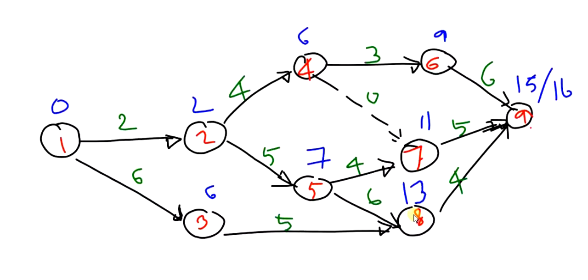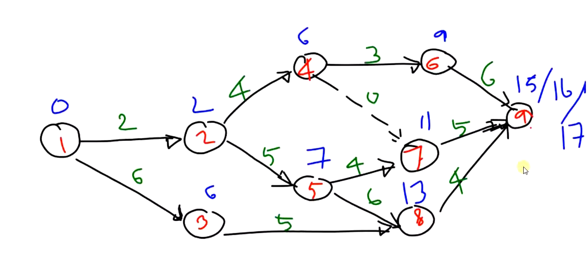So TE value of 8 is 13. Then what is the TE value of 9 from this path? That is 13 plus 4, which will give you 17. Okay, so 15, 16, 17. These are the three values we obtained for event number 9.